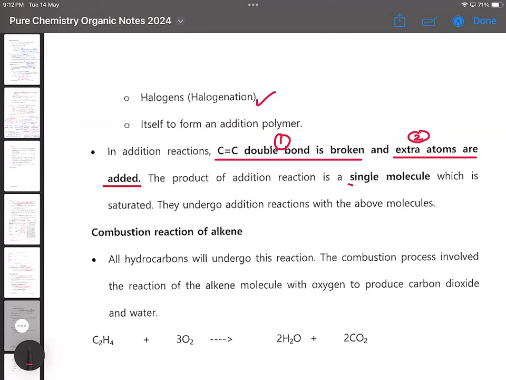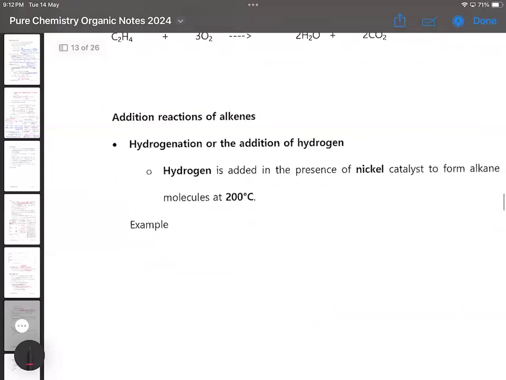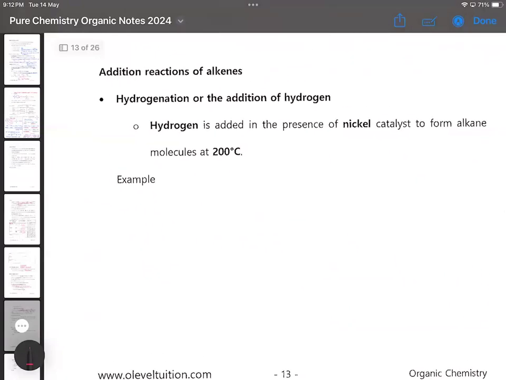And do remember, single molecule product. They must only form one single molecule. Let's look at the process in detail. Combustion I won't do again. It is exactly the same as alkanes, all the complete, incomplete, same stuff. So I won't do it again. Okay, let's look at the first addition.